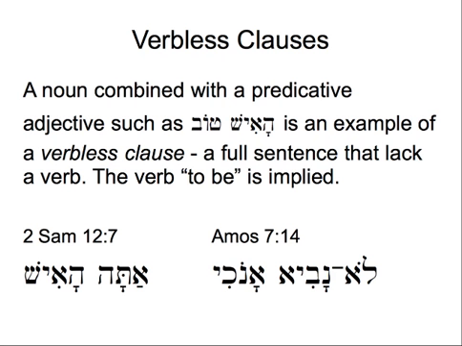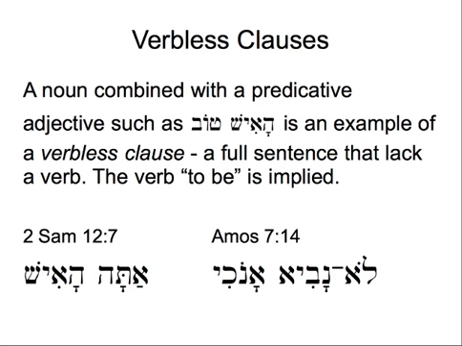But again, just grammatically there is no actual verb there. This is a verbless clause. Amos 7 is this other example, lo nabi anoki, which literally translated, lo is a negative particle, so no or not.